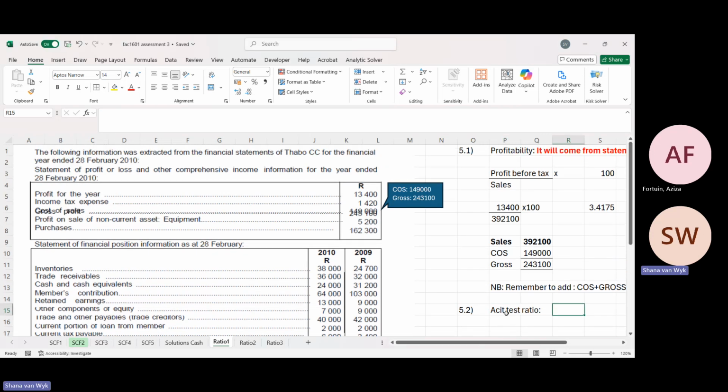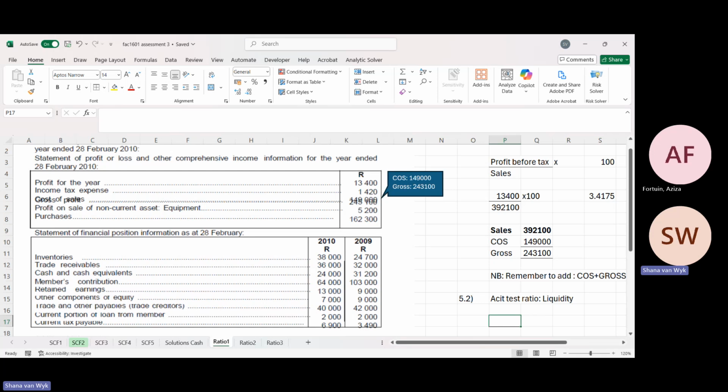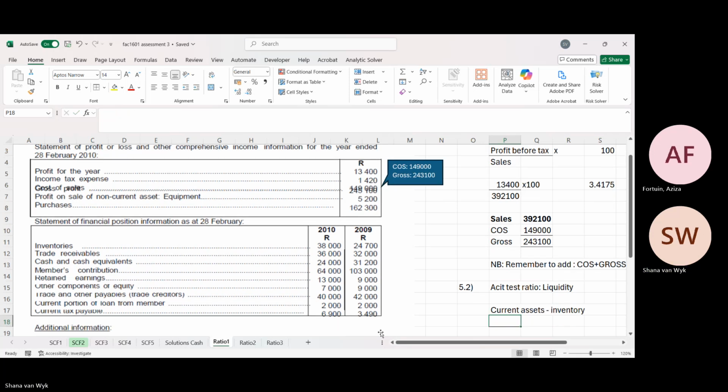So let's say liquidity, and then our formula: current assets minus inventory over current liabilities.